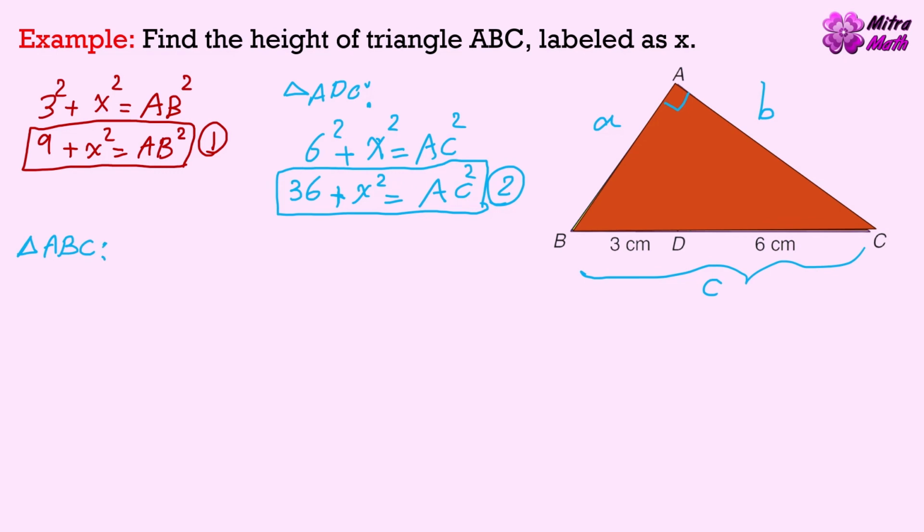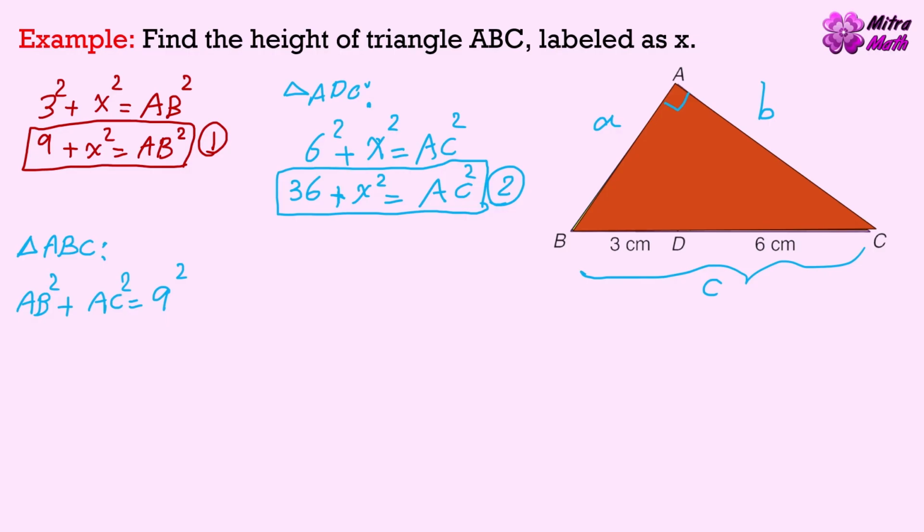We can write down AB squared plus BC squared... AC equals C squared, hypotenuse, is 3 units and 6 units together, which would be 9. So therefore it would be 9 squared.